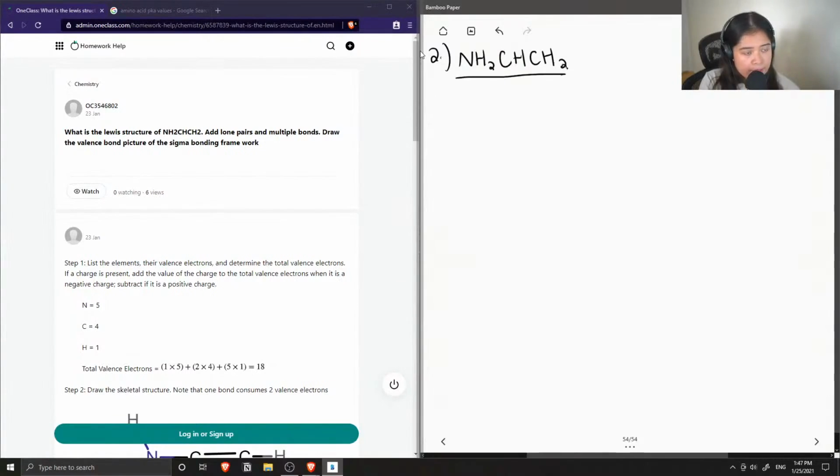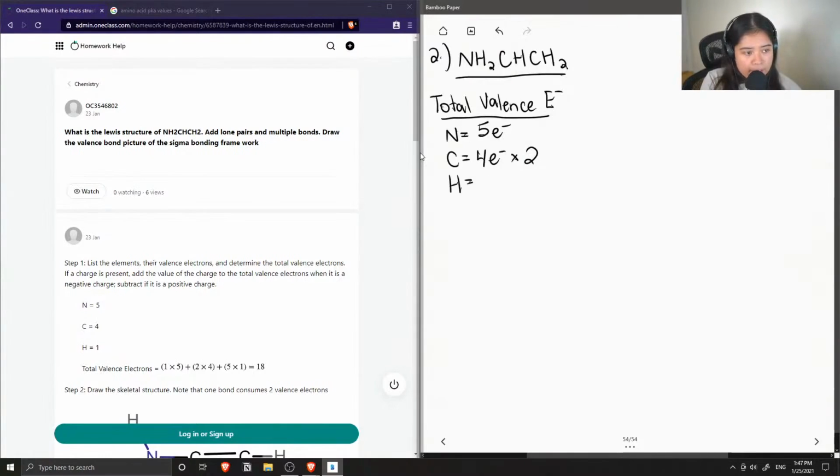And the first step in finding the Lewis structure is to calculate the total number of valence electrons. In the case of nitrogen, nitrogen has 5 valence electrons. Carbon has 4, and we have 2 carbon atoms here, so we multiply this by 2.